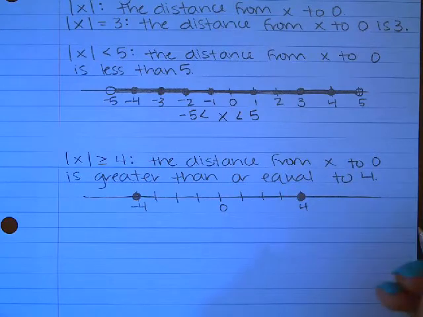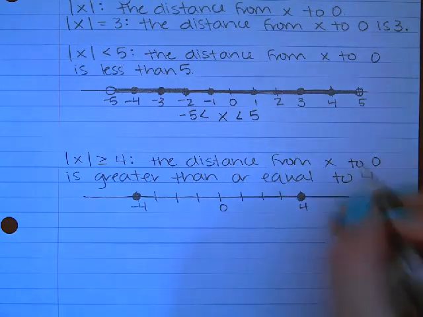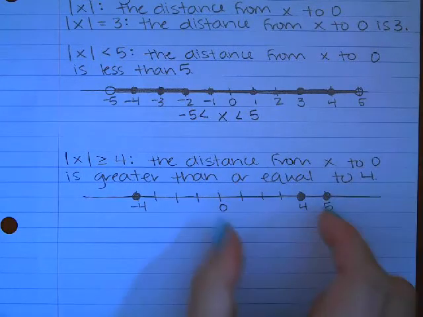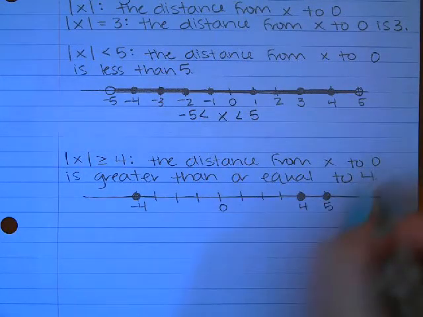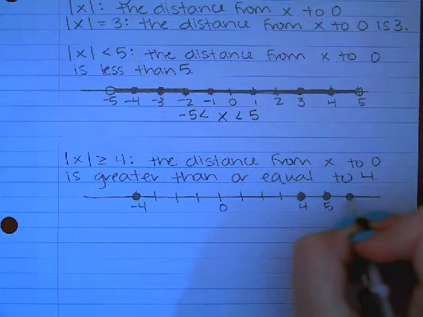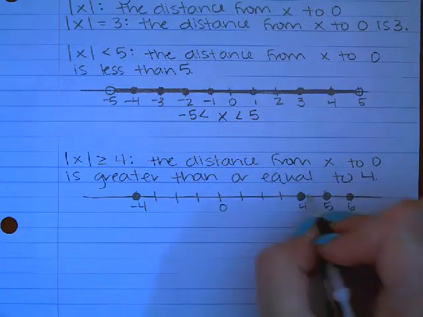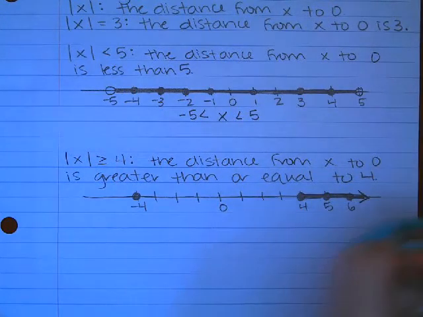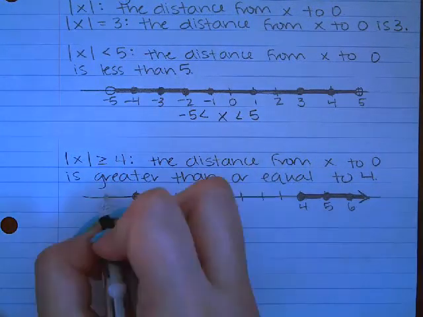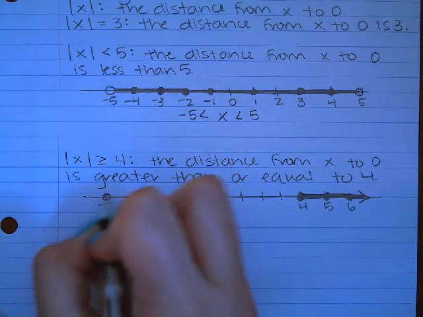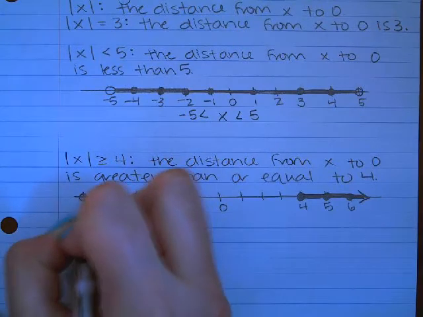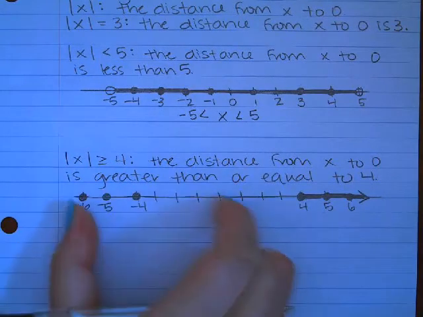Or the x value could be more than a distance of 4. So here 5, that would be a distance of 5 from 0. A distance of 6 from 0. So it can be 4 or anything more than that. And then we can do the same thing in the opposite direction. -5 would be a distance of 5 from 0. -6 would be a distance of 6 away from 0.